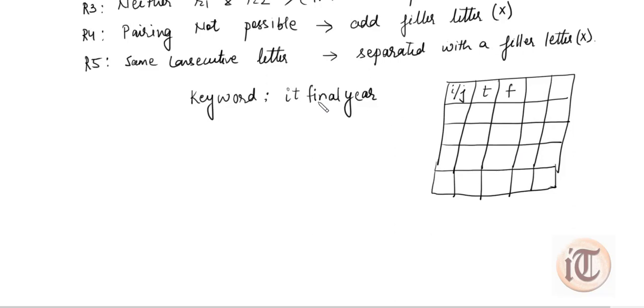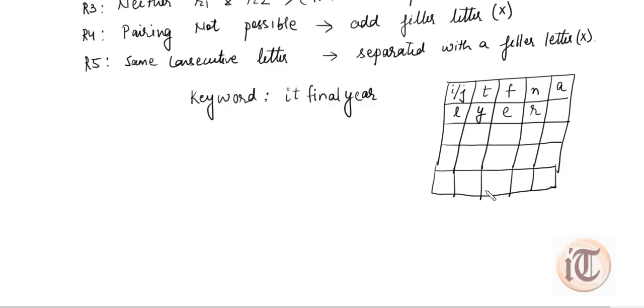After F, I comes, but I is already filled in the cell, so we discard it. Then N, then A, then the letter L, then Y, then E, then A already encountered, then letter R.